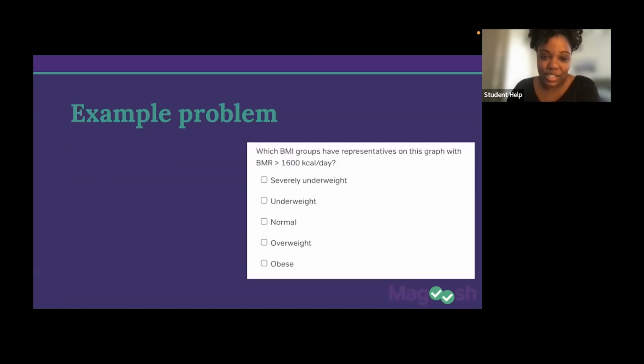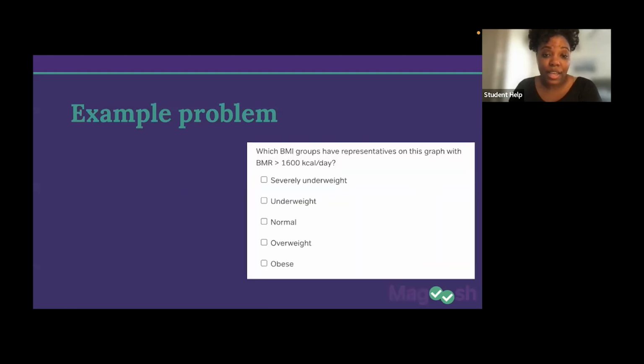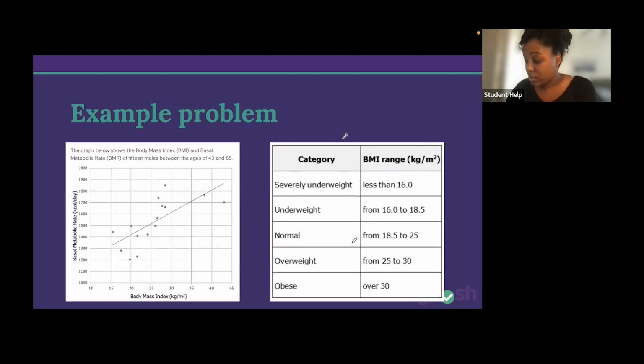All right, so this question says, which BMI groups have representatives on this graph with a BMR greater than 1600 kilocalories, kcals per day? All right, so just looking at the question, hopefully you guys maybe see it on the Google Docs because I can't show you both at the same time, just a limited space. But hopefully you guys notice from the question here that I'm gonna have to use both charts, right?